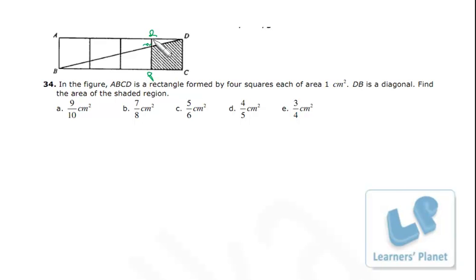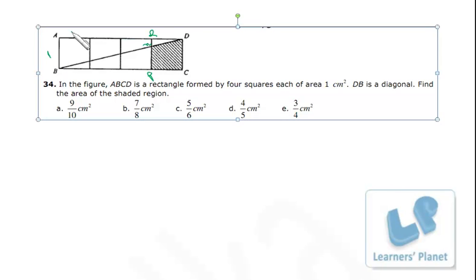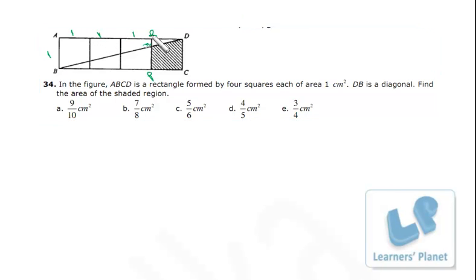Now how do we find the area of triangle QXD? Now triangle DXQ and triangle DBA are similar to each other, right? Now this is 1, 1, 1, 1.